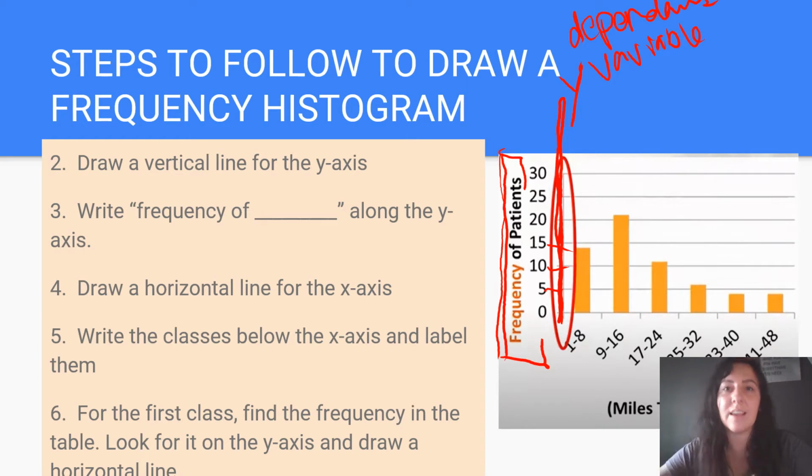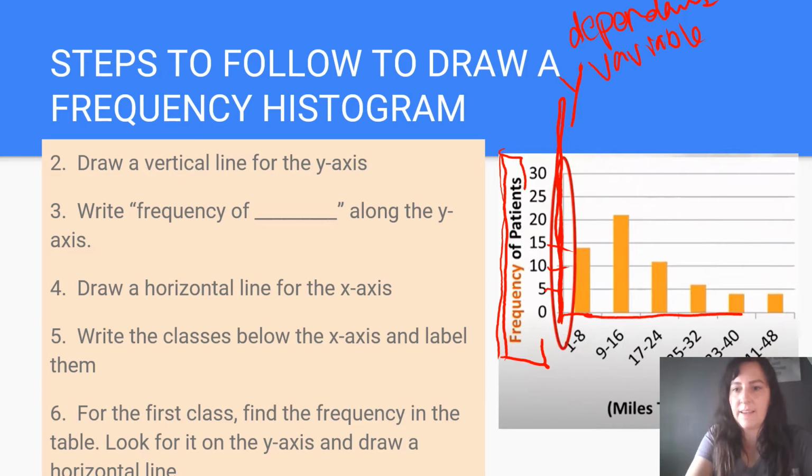So the next step after that is you're going to draw your horizontal line, which is going to become your x-axis. We'll put that right there. And the x-axis is your independent variable axis.